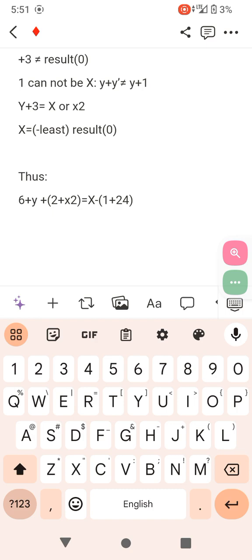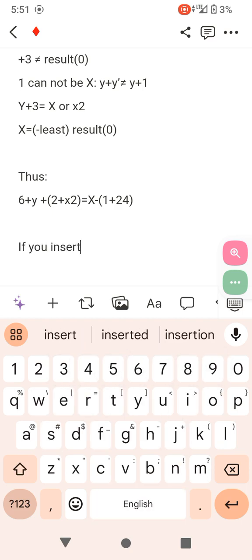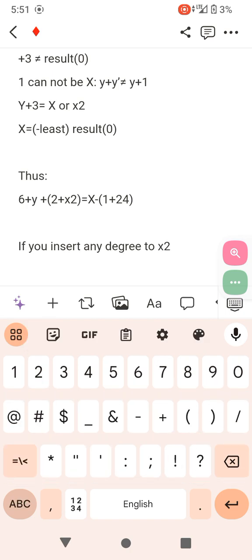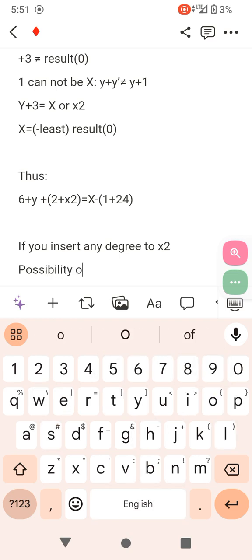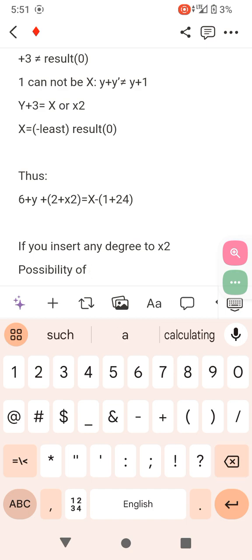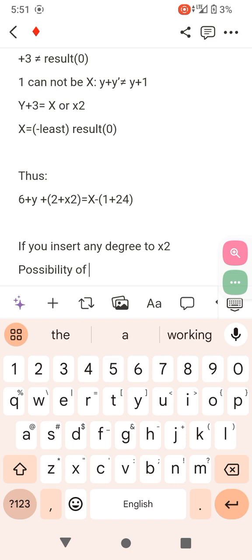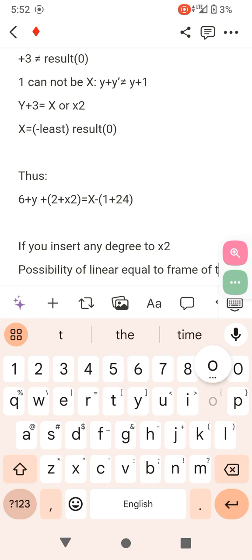What this is useful for is, for example, if you insert any degree to x2, the possibility of calculating linear equal to frame of, meaning, for example, to be calculated.